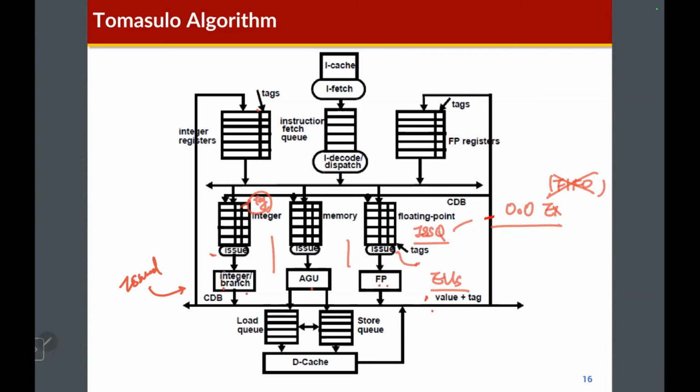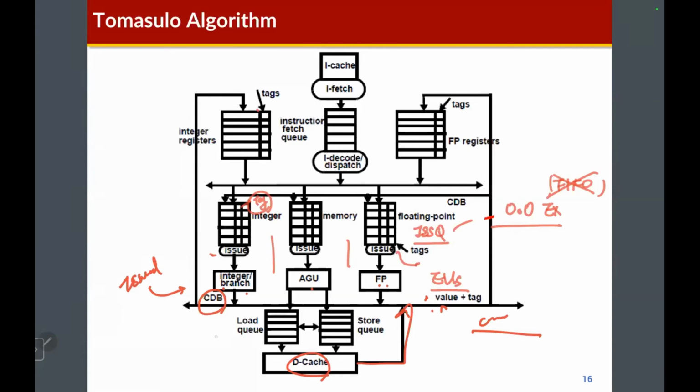As I mentioned, there is the CDB, the common data bus. When the execution is completed, the result and the tag are delivered via the common data bus. Okay? And you can also find that the data cache is connected to the common data bus.